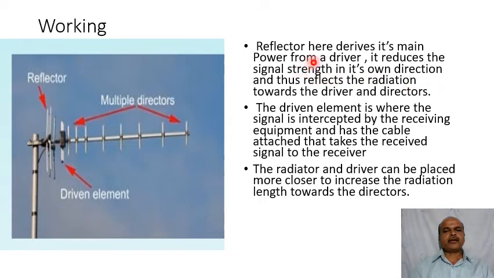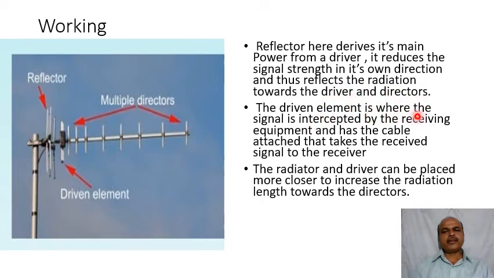Then the working of this Yagi-Uda antenna. The reflector here draws its power from the driver. It reduces the signal strength in its own direction and thus reflects the radiation towards the driver and directors.